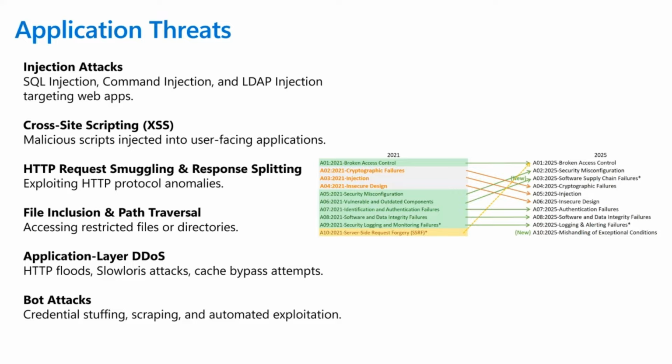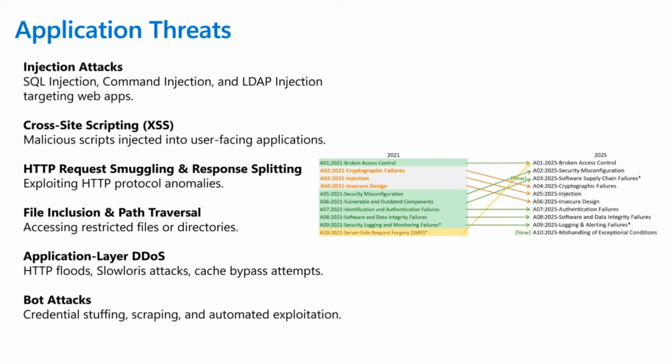More advanced threats like HTTP request smuggling can split or manipulate web requests to bypass security controls. We also see attempts at file inclusion and path traversal, where attackers try to access sensitive files or directories that should remain hidden. On top of that, application layer DDoS attacks such as HTTP floods can overwhelm web services, making them unavailable to legitimate users.